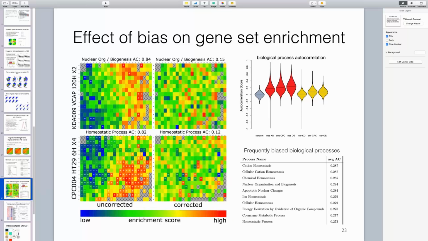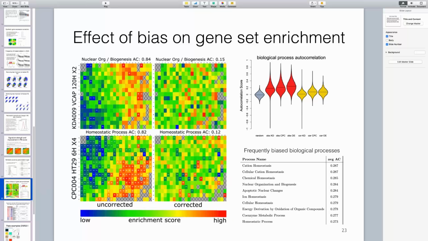What we can see is that these biases actually correspond to biologically meaningful entities, which is problematic, because if it were random genes that don't really have anything to do with each other, these statistical methods wouldn't necessarily pick up on them. But in this case, we can see that enrichment is very sensitive to it.